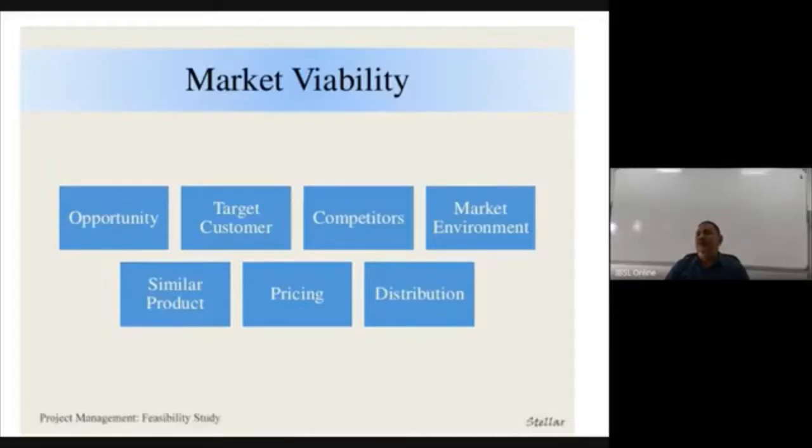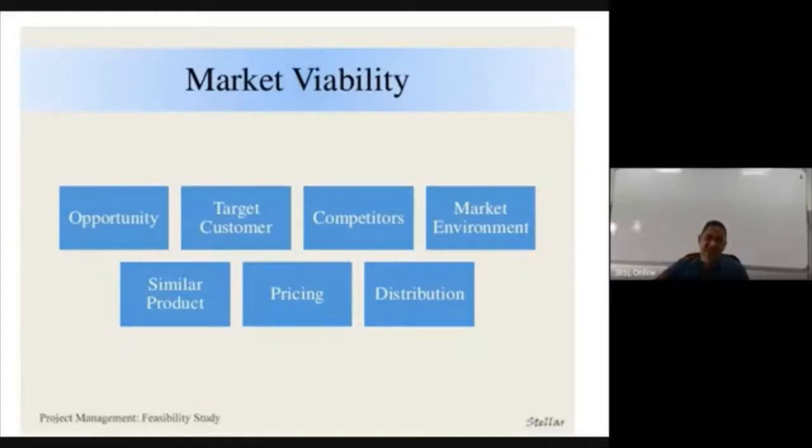Size of the market, where the market is spread. So market environment and final distribution are two sides of a coin. Another is substitute products available in the market for that particular product, and the pricing policy of the customer. All this is affecting the viability of the project for the customer. Then finally, the distribution system. What is the distribution pattern?